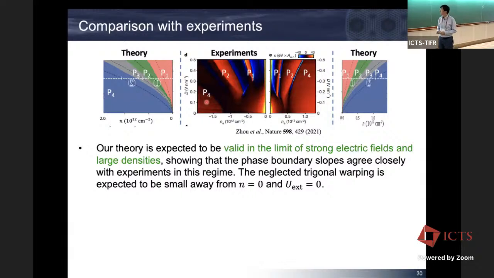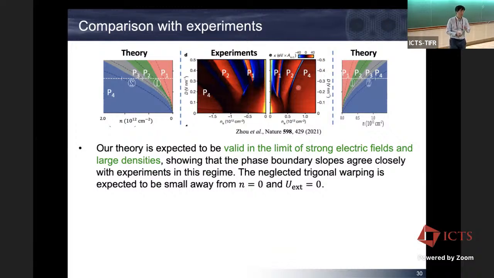So talking about the validity of our work, our work is supposed to work in the limit of very strong electric fields and large densities. And qualitatively, the phase diagrams match in the magnitude of the densities and electric fields. Here, for the Coulomb interaction, we're using alpha equal to 1.